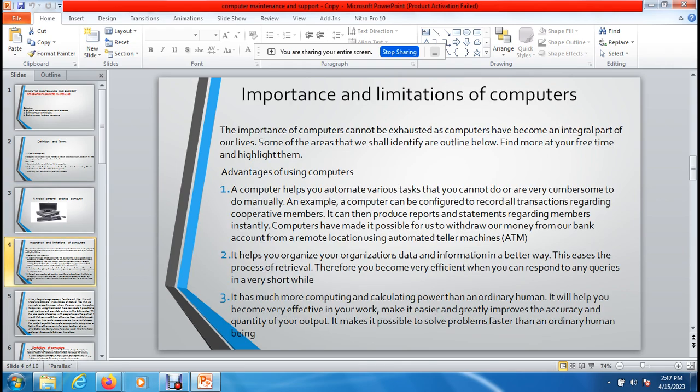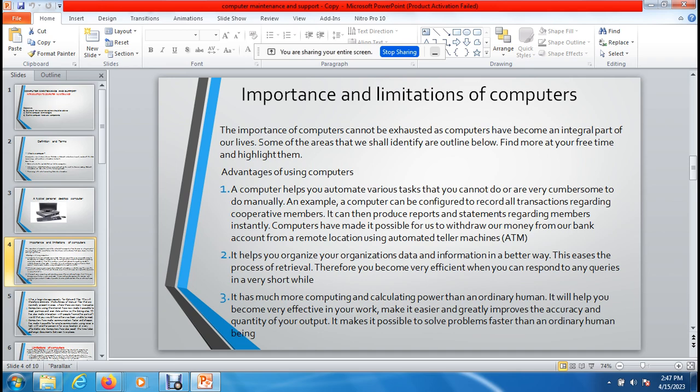Let us move on to the importance and limitations of computers. Since you are a student in ICT or computer science or a related field, you can see that computers have various advantages and disadvantages.